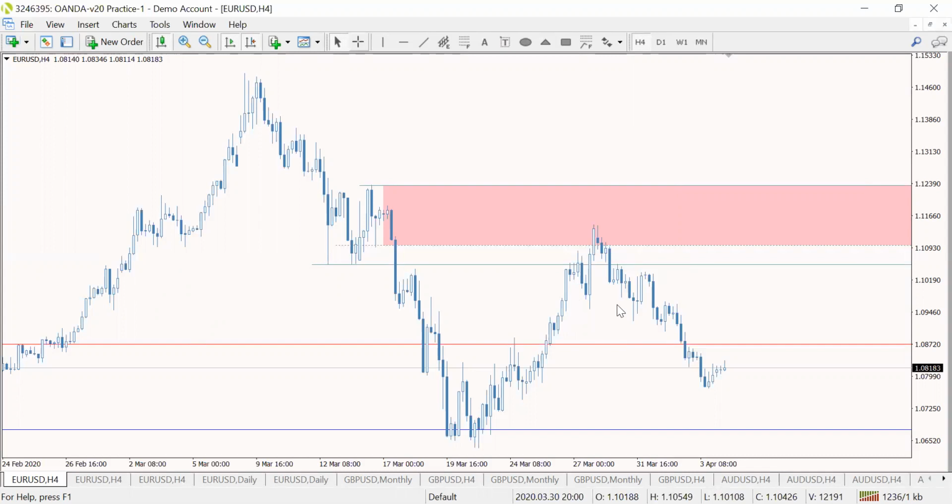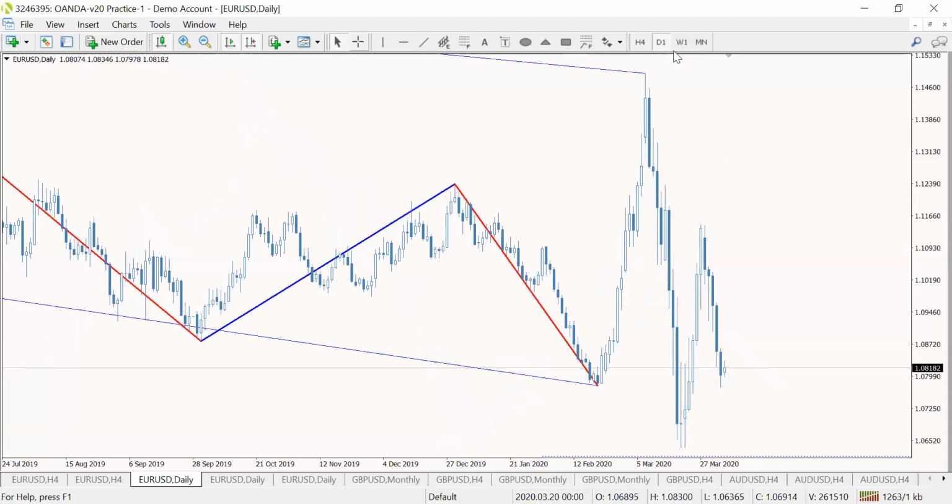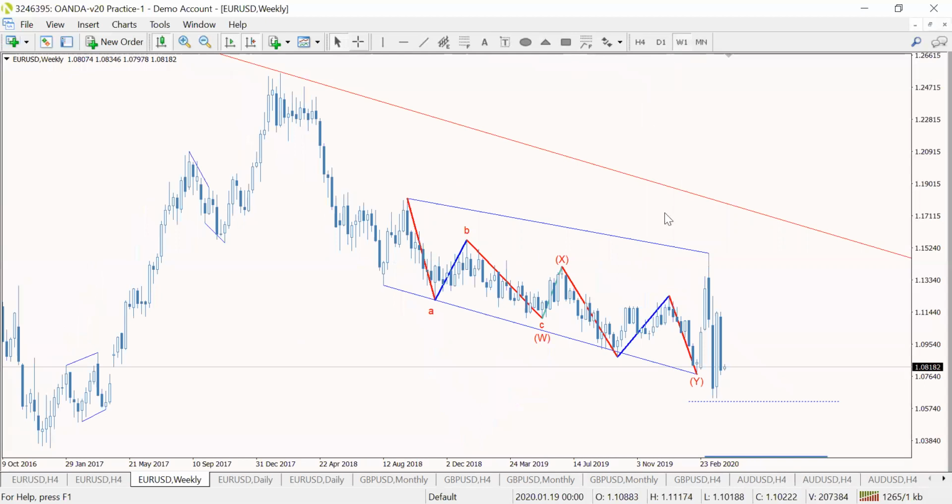So the question is, what is the direction this week? For me, what I'm expecting to get this week, there are 2 things. Number one, this is the bigger structure.